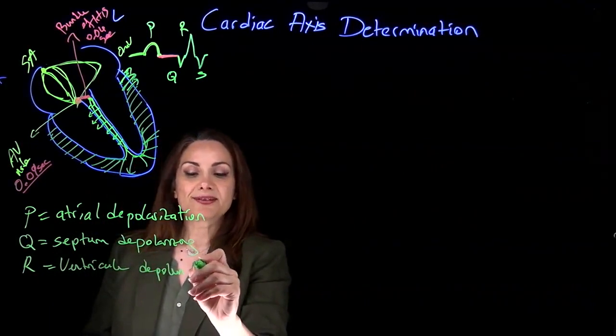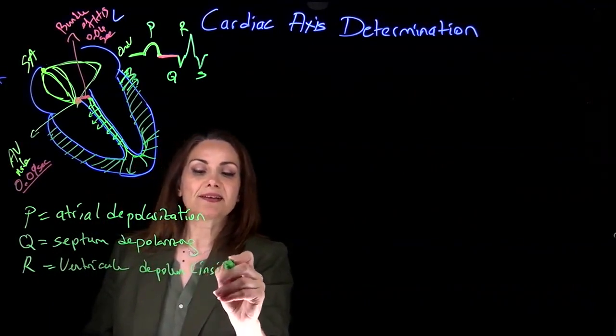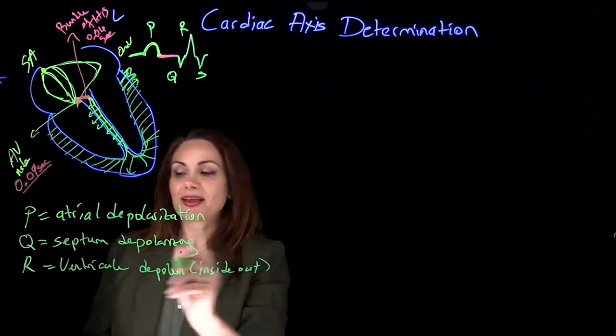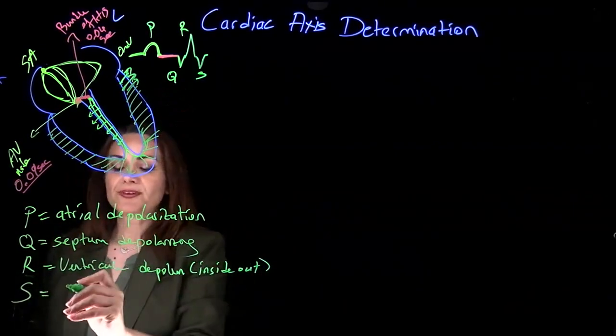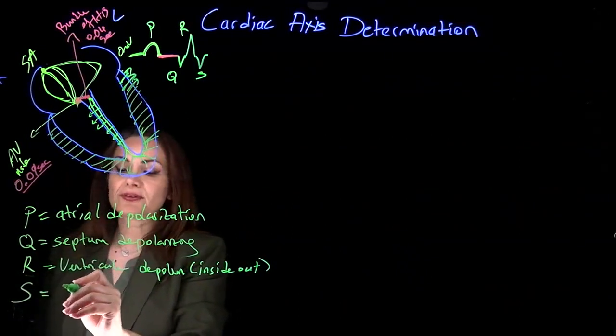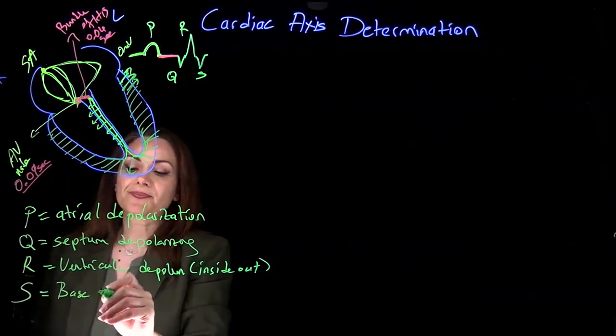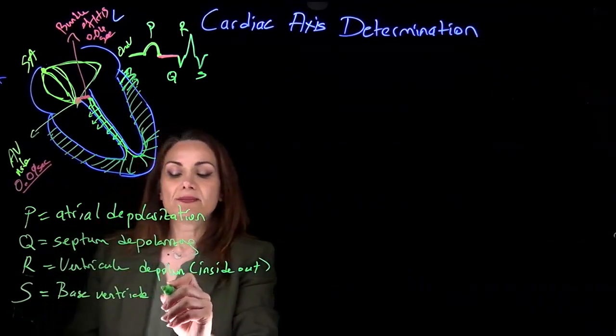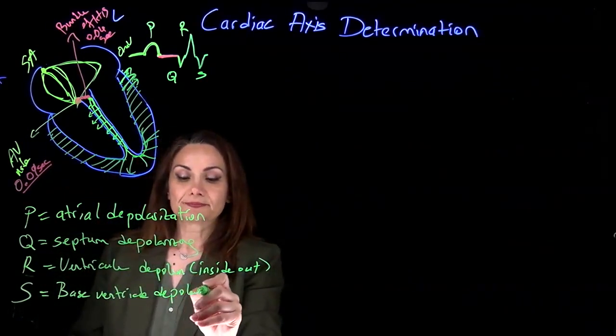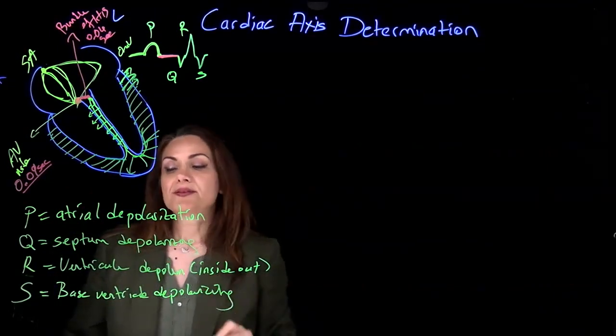And what is the direction? Inside out. The S wave is the base of the ventricle, especially the left ventricle, depolarizing.